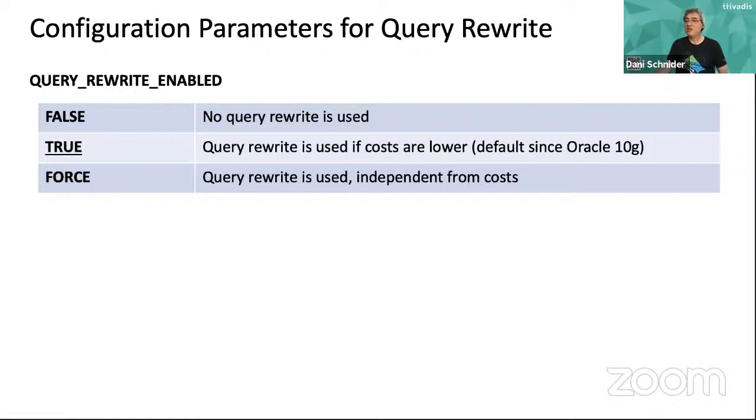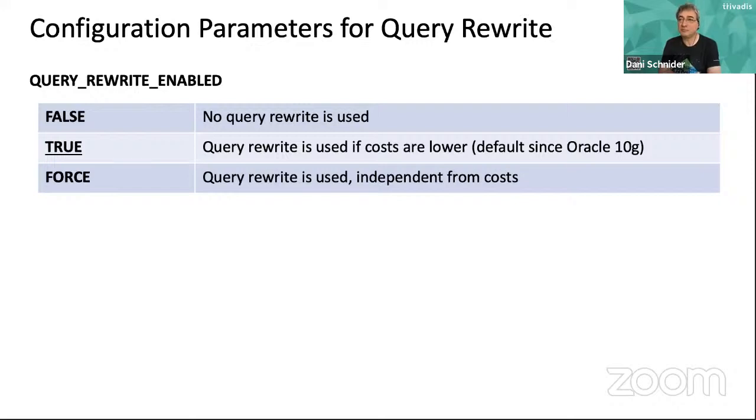And true means if a materialized view is available with enabled query rewrite, and this parameter is true, then the optimizer can use this materialized view for query rewrite. I say can because it always depends on the costs. If there is another plan that is cheaper, then the other plan will be used.